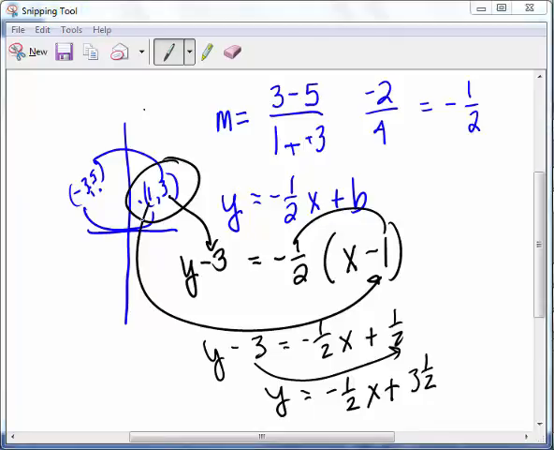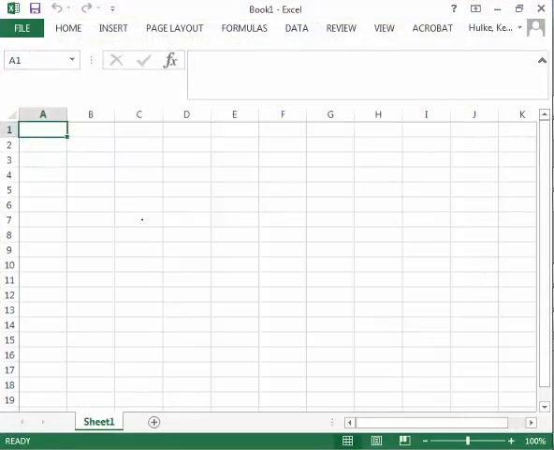Hey, the other thing that you could do is you could do this in Excel. Kind of interesting. All you do is you just write down the 2 points. I forgot what they were already. X, Y. X was negative 3. Y was 5. X was 1. Y is 3.